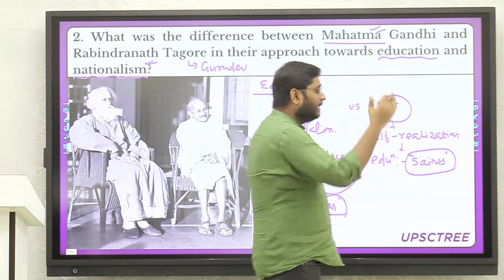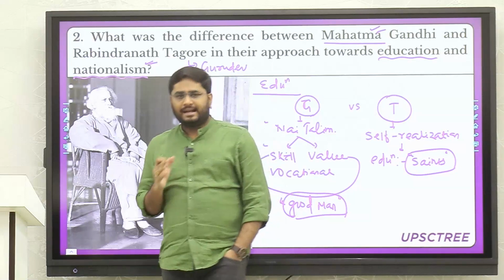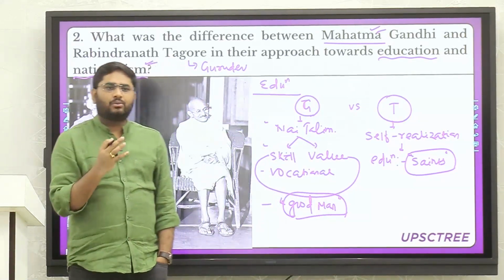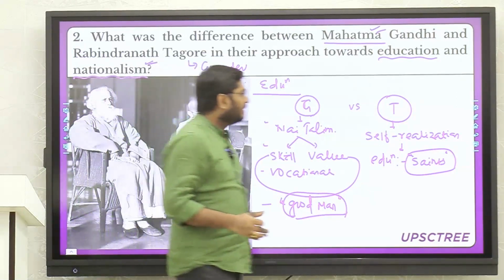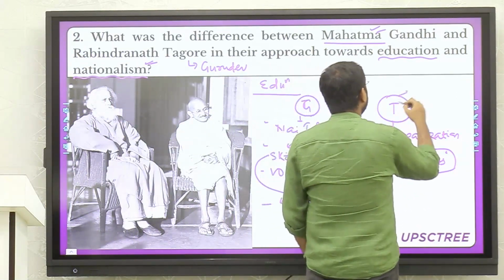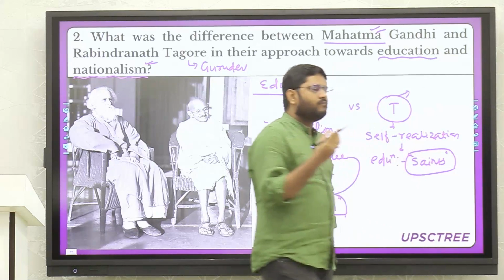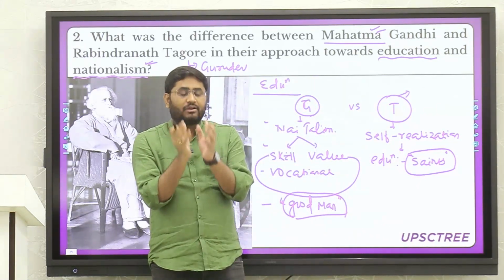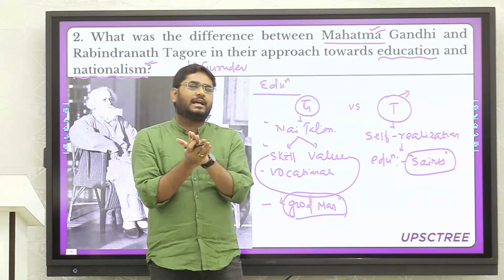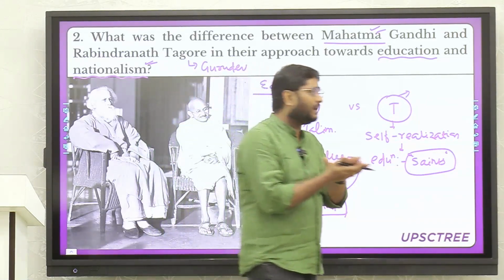See, Tagore in his childhood had a bad experience. That's why he hated the traditional schooling system. According to him, it puts the children, who are like flowers, inside a book, which suppresses their critical thinking.